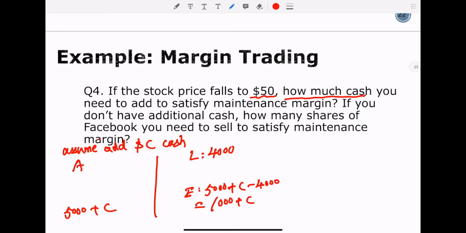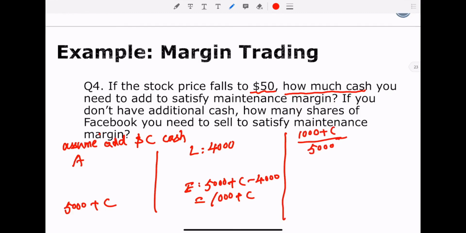And now you have to satisfy the maintenance margin, which means equity divided by stock value has to be equal to 30%. So C equals 500, right? So you need to add $500 into your account to satisfy maintenance margin.